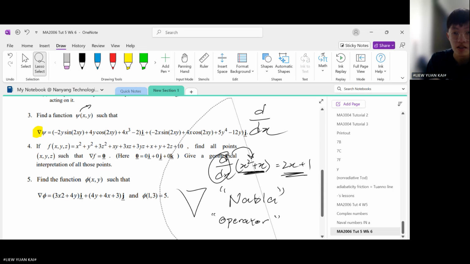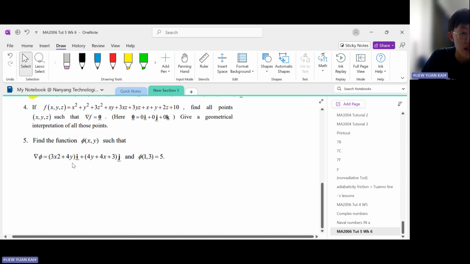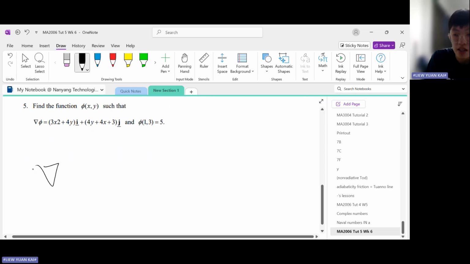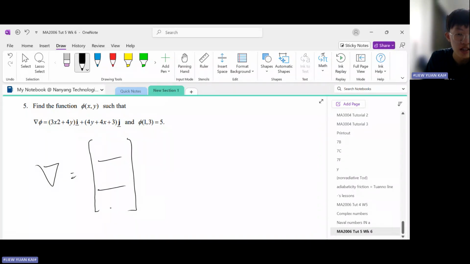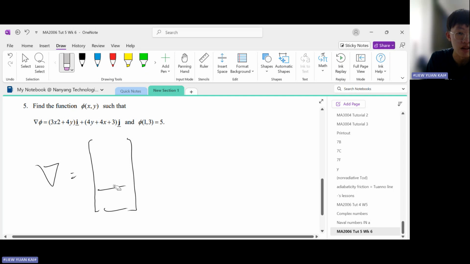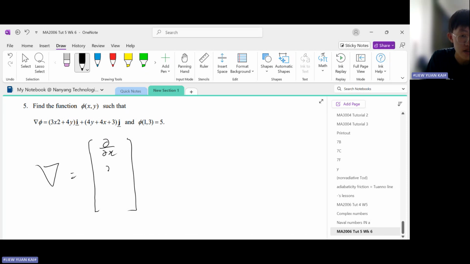Okay. So what is the precise definition of Nabla? Nabla is taken to be a vector. I'm gonna write it in the column vector form. A vector in 3D space, it has 3 entries. 1, 2, 3. So the 3 entries in the Nabla operator are, let me be more specific, partial derivative with respect to x, partial derivative with respect to y, partial derivative with respect to z.